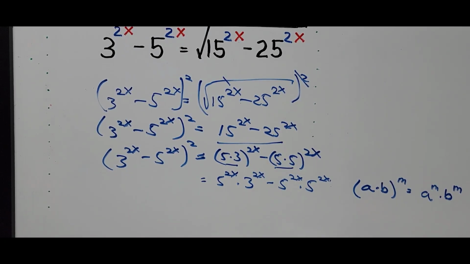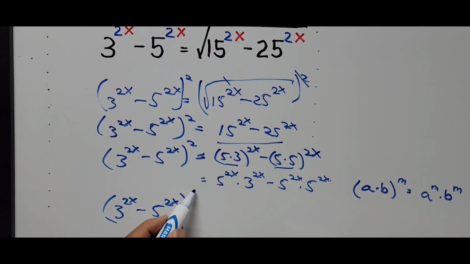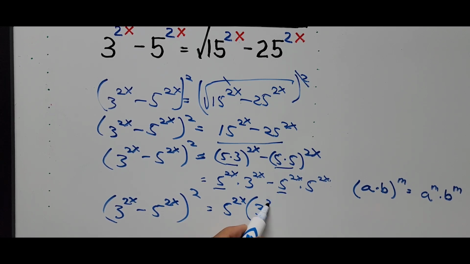So the equation now is 3 raised to the 2x minus 5 raised to the 2x, squared, equals, now if you notice they have a common factor, 5 raised to the 2x. Factor that out, that is now 5 raised to the 2x times 3 raised to the 2x minus 5 raised to the 2x.